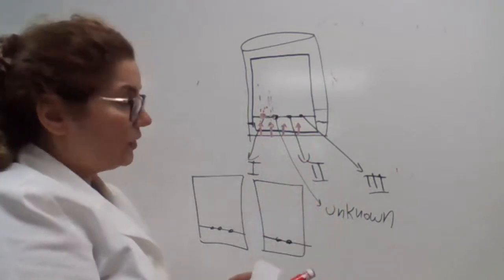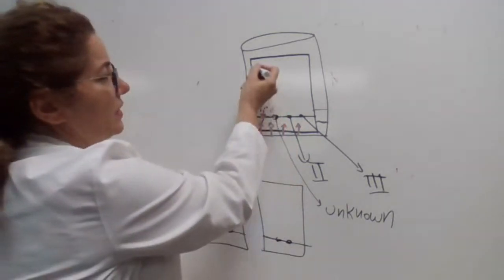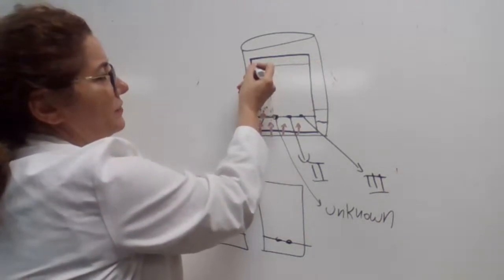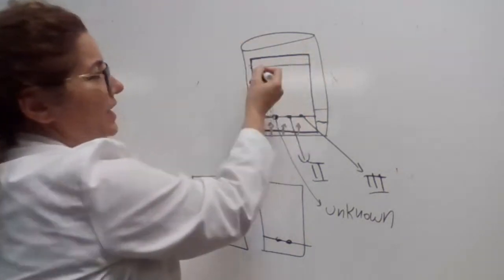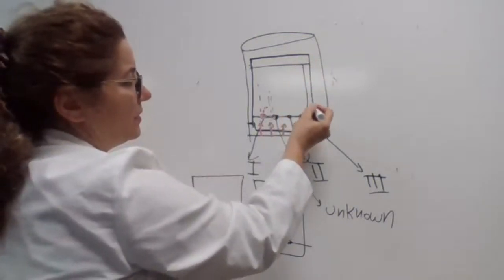When you are done, when the solvent reaches almost to the top, about half an inch from the top of the plate, you take it out and mark that line.